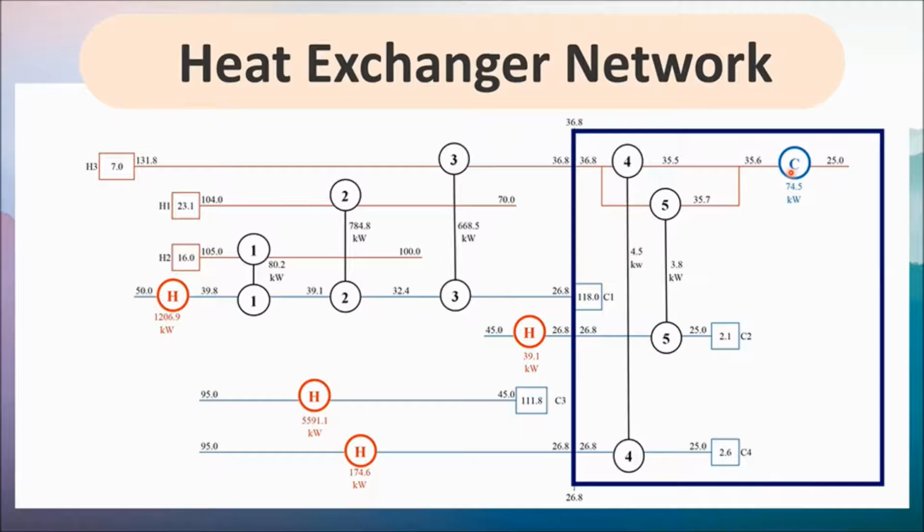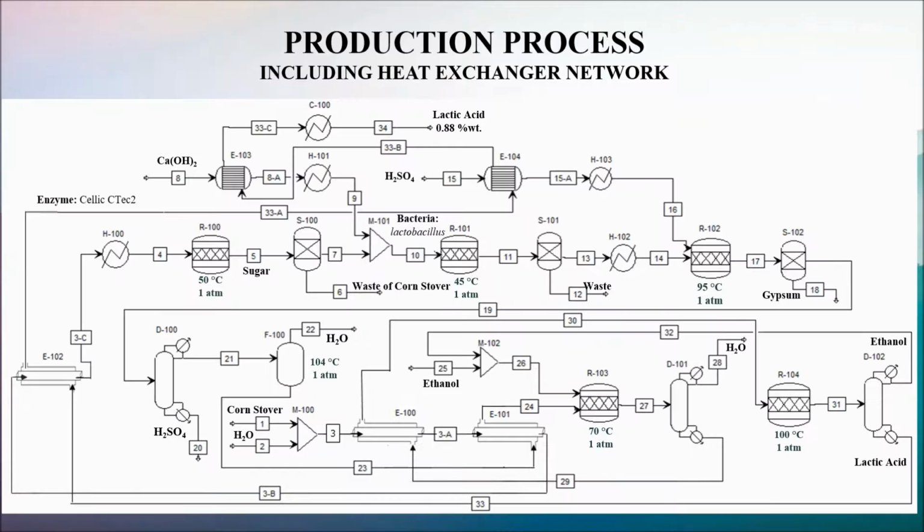And we use the cold utility to cool it down to 25 degrees Celsius. C2 and C4 start at 25 degrees Celsius. Then they receive heat from H3, and the temperature is increased to the cold pinch temperature, or rather 26.8 degrees Celsius.